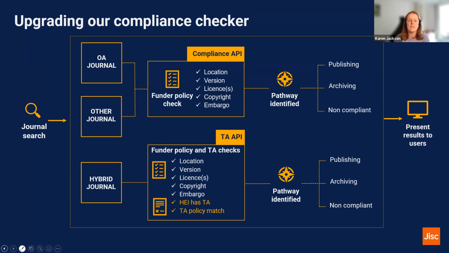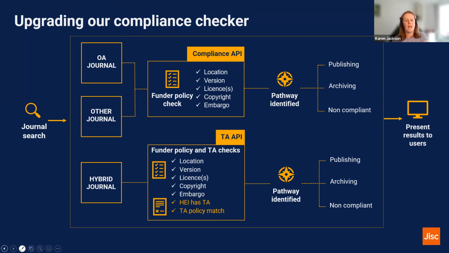All those different possibilities, the version of the output that can be shared, published version versus the accepted manuscript, what type of licenses have to be applied, who owns the copyright, any embargo periods that are relevant. Our compliance checker will check all of these things, identify in what way the author can meet the requirements of the funder policy by publishing in that journal, and present that as a result to users.